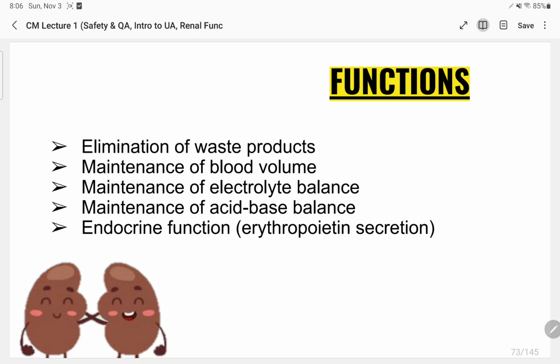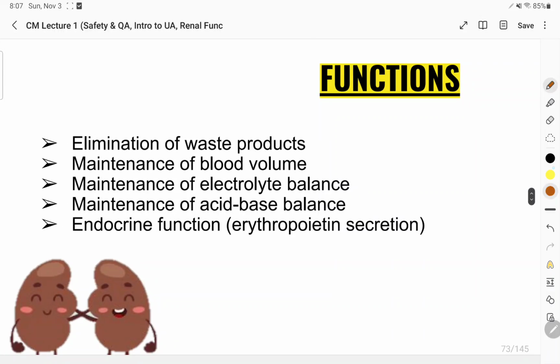Aside from that, our kidneys also maintain our blood volume via the RAAS. They maintain electrolyte balance in our DCT and also in our PCT, and maintain acid-base balance, our blood pH. They also have an endocrine function because our kidneys secrete erythropoietin, a hormone.